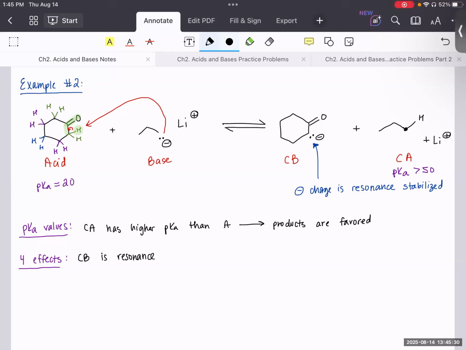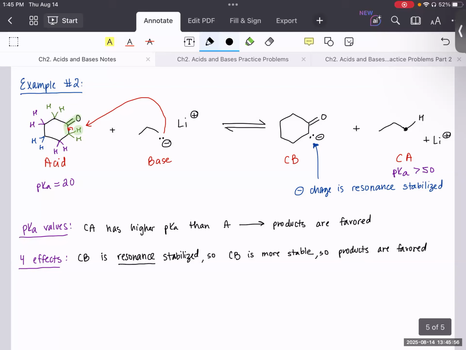And so the effect that we care about is that resonance stabilization. And so that means that the conjugate base is more stable. It's happier to exist by itself and doesn't want to react as much as the base does. And so that means products are favored.